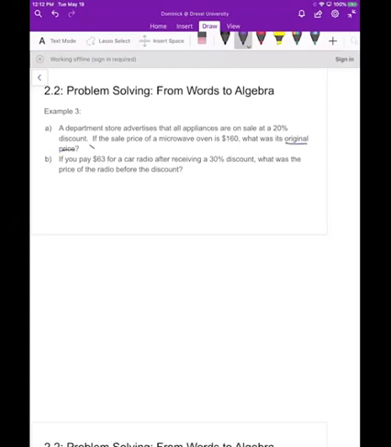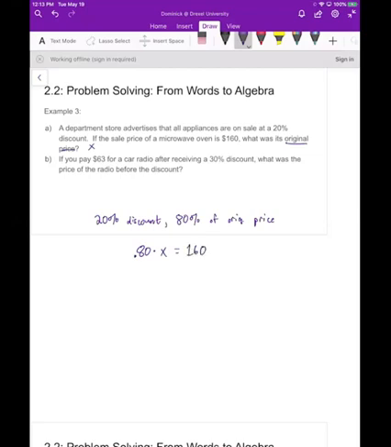So that's what we're going to call X. We discussed in a previous video that if I take a 20% discount, that really means I'm taking 80% of the original price. So 0.80 times the original price, which is X, gives us 160.